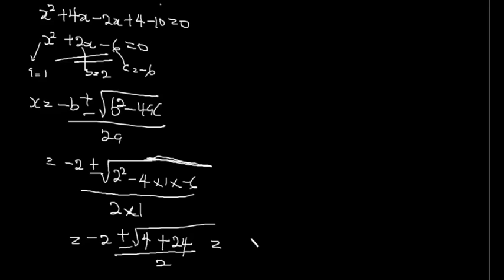So this will give us minus 2 plus or minus the square root of 4 plus 24, which is 28, all over 2. What is the square root of 28? Let's check that.